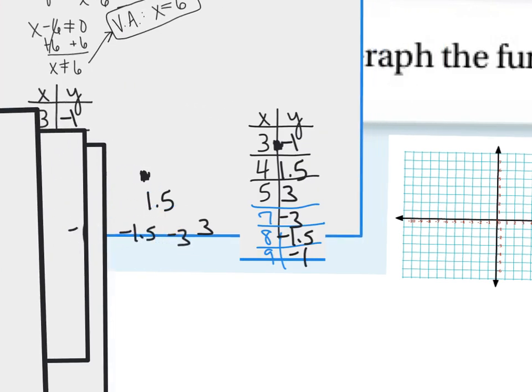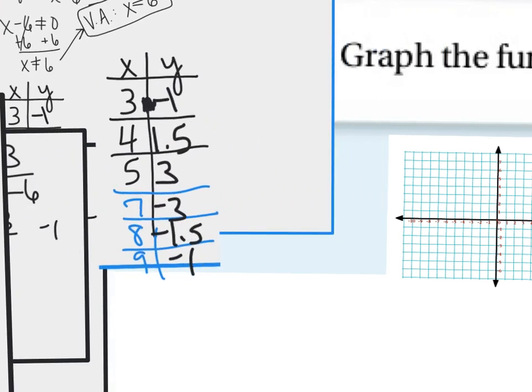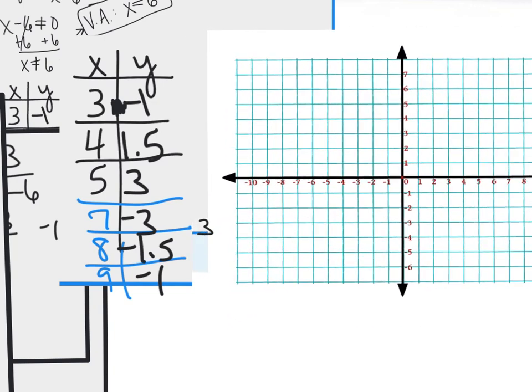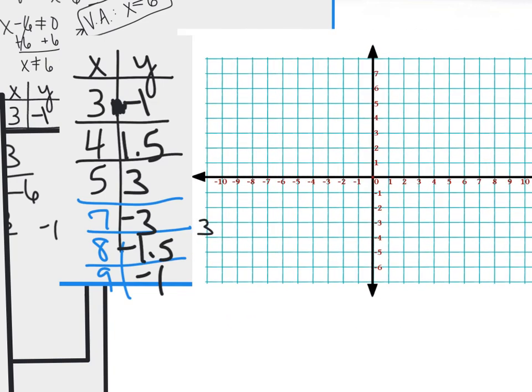So then we could go to graph this. So we've got 3, negative 1, 4, that was 3, 1, wasn't it?